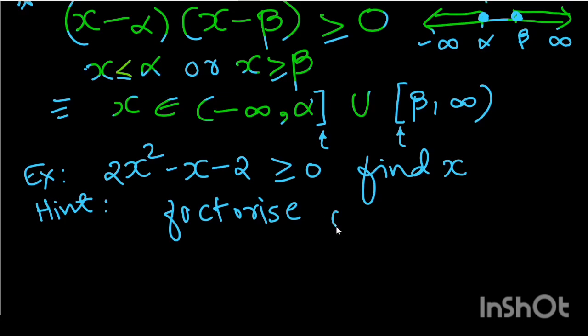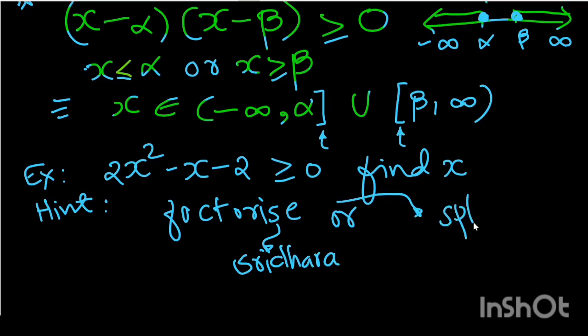So factorize using quadratic formula, or using splitting the middle term. Factorize using Sridharacharya or quadratic formula, or factorize using splitting the middle term, and then use the above formula.